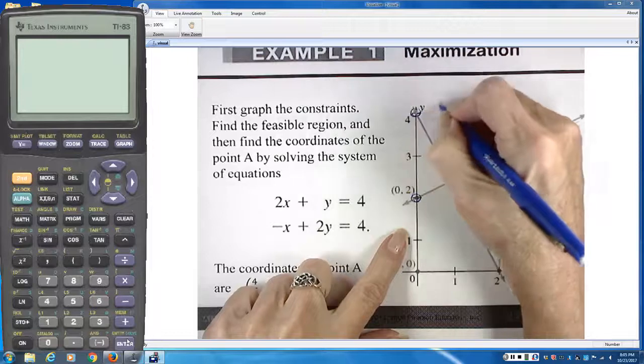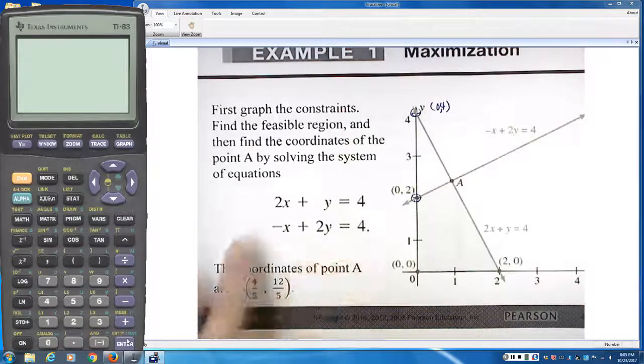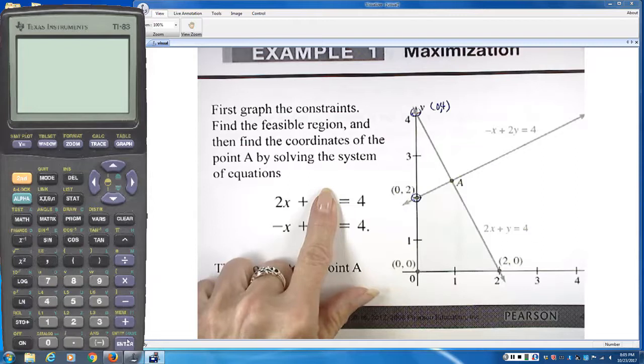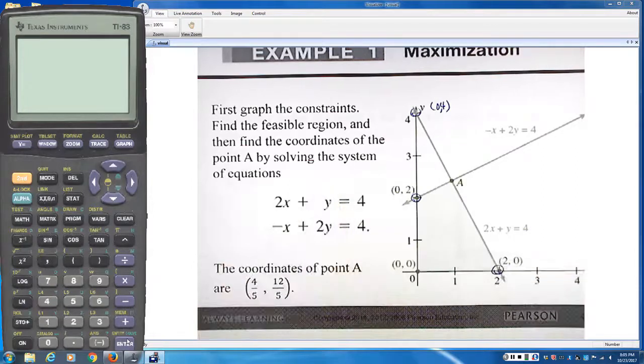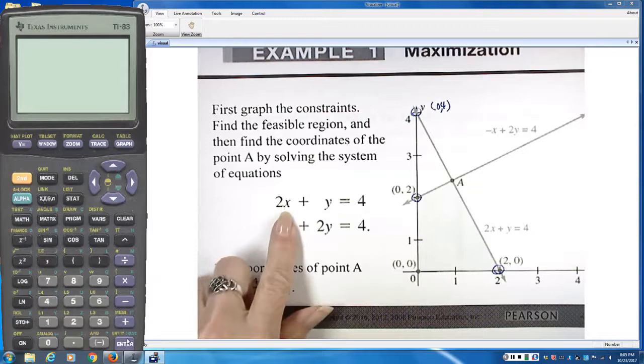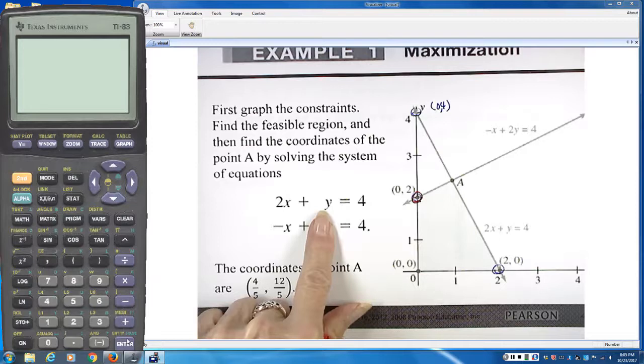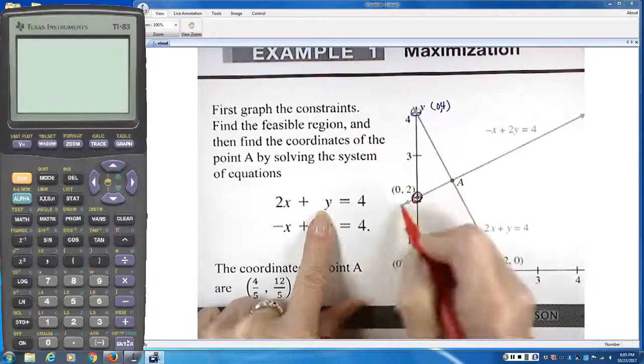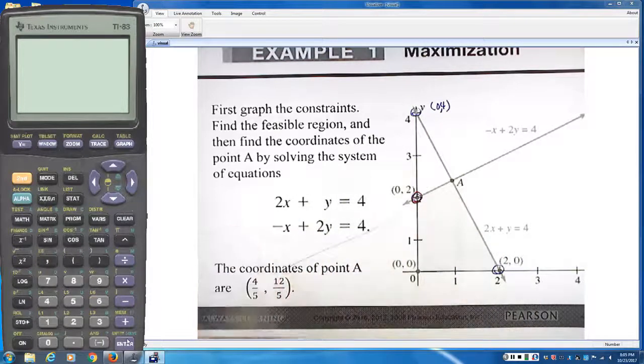This would be 0, 4. So if y is 0, x is 2, so that would be this one. If x is 0, y is 2. If y is 0, x is negative 4, which is way back here, and we don't actually need to graph that.